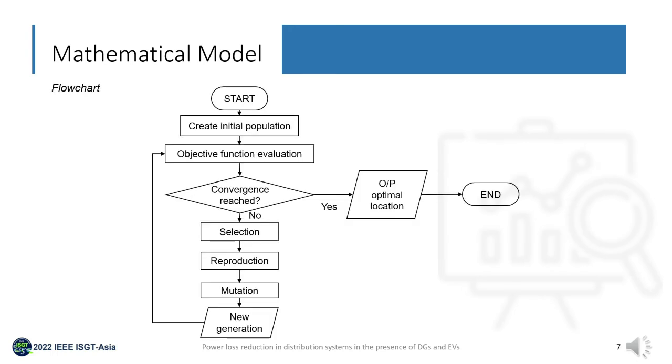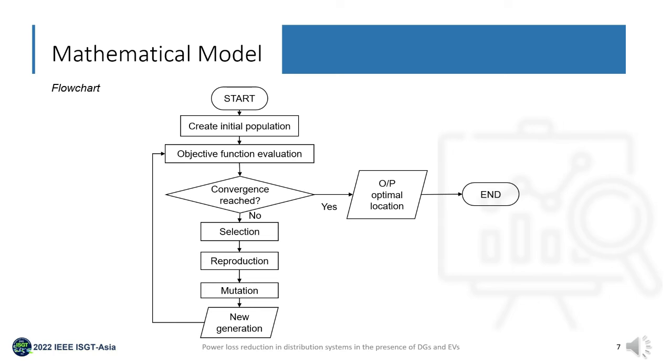This particular slide shows the flow chart of our mathematical model. So first would be creating the initial population, and next would be the evaluation of the objective function. If the objective function reaches convergence, the locations obtained as output would be the optimal locations, and the flow would end here.